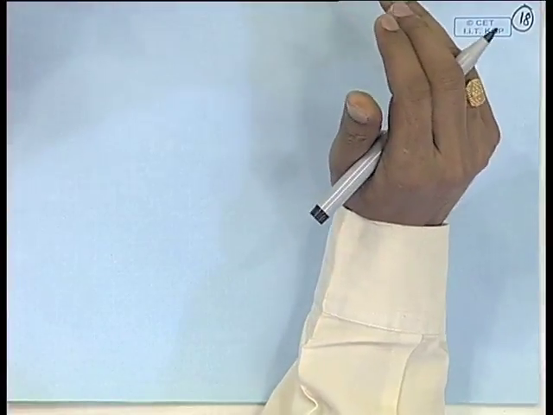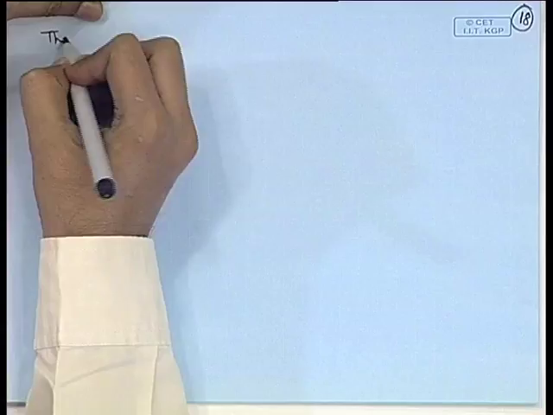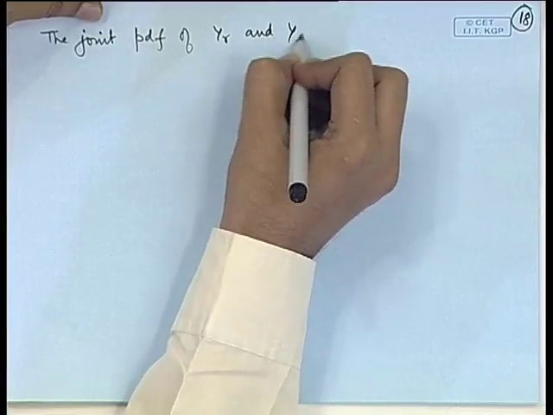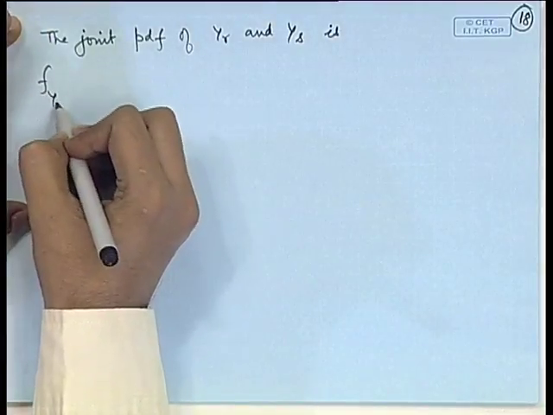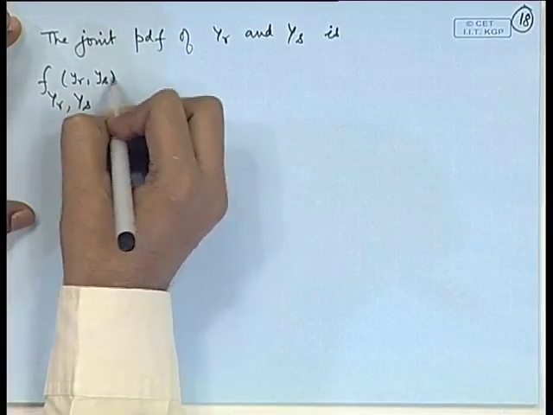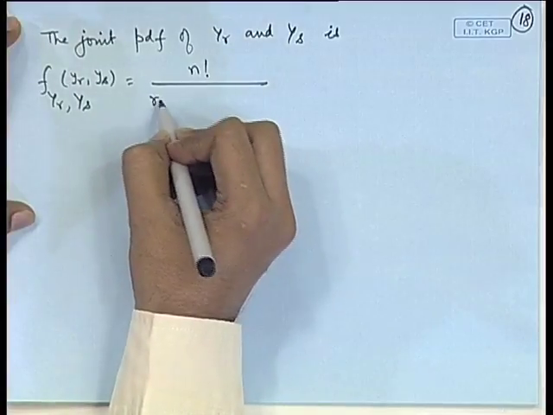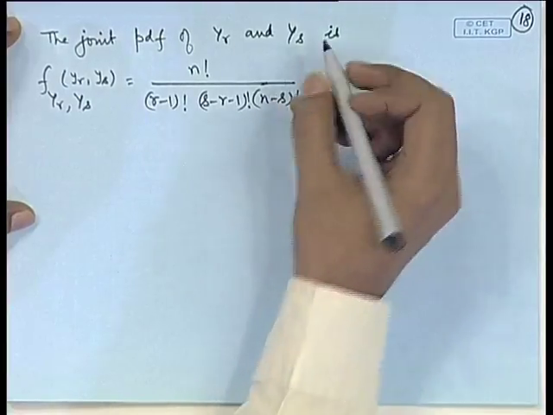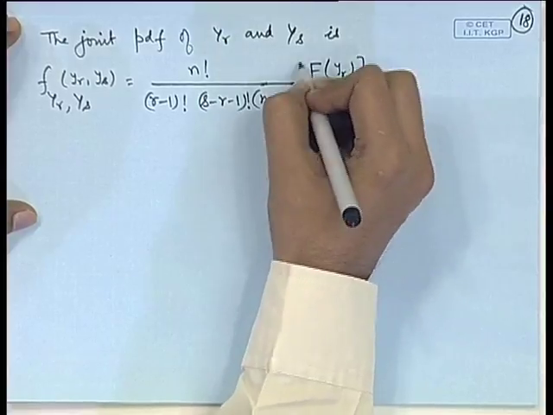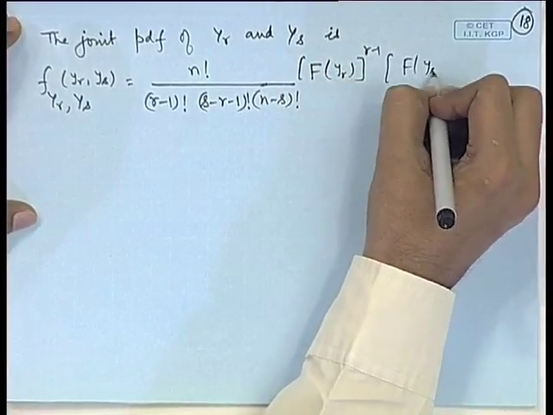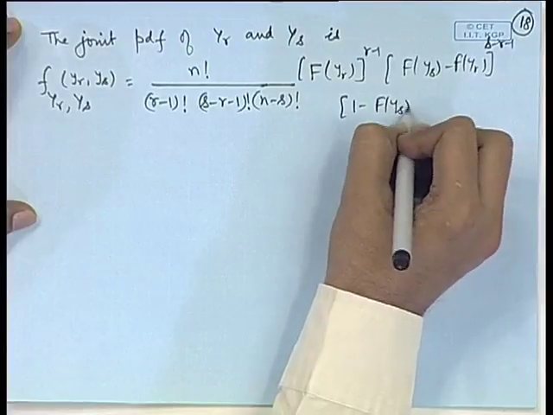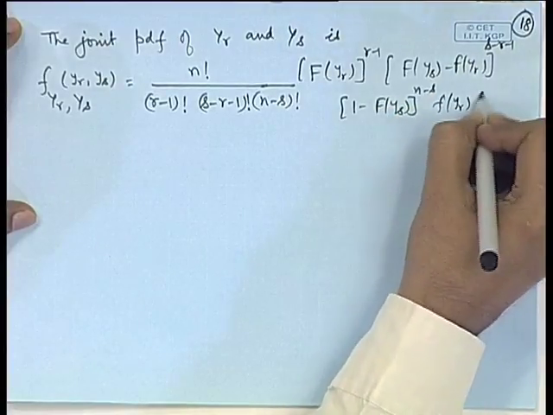Likewise, if we want to integrate leaving variables say y r and y s, the joint PDF of two order statistics, say y r and y s, is determined as f of y r, y s equal to n factorial divided by r minus 1 factorial, s minus r minus 1 factorial, n minus s factorial, F of y r to the power r minus 1, F of y s minus F of y r to the power s minus r minus 1, 1 minus F of y s to the power n minus s, f of y r, f of y s.